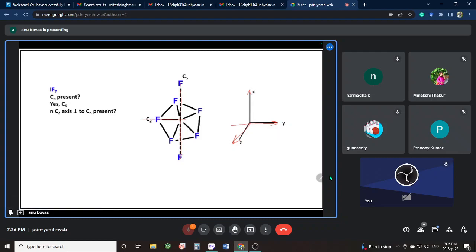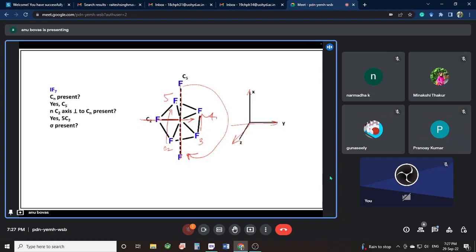If we hold a C2 through this, then this fluorine will interchange with this fluorine, and these two will interchange with each other. Like 1C2, similarly 2C2, 3, 4, 5. Similarly, we will have 5C2 present, which are perpendicular to Cn.